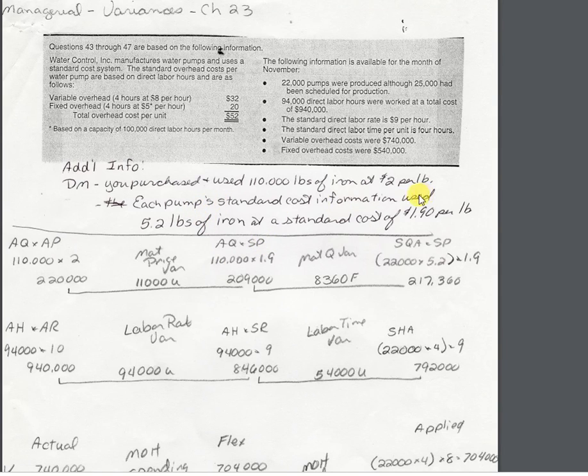Each pump's standard cost information uses 5.2 pounds, so I have right there that 5.2, at a standard cost of $1.90. So $1.90 for my standard cost. That leaves me to get a materials price variance of 11,000 unfavorable, and a material quantity variance of 8,360 favorable.